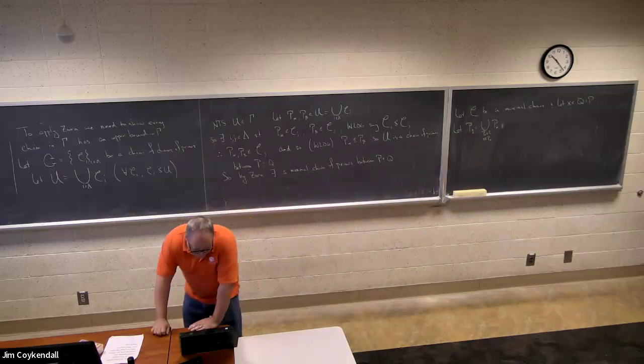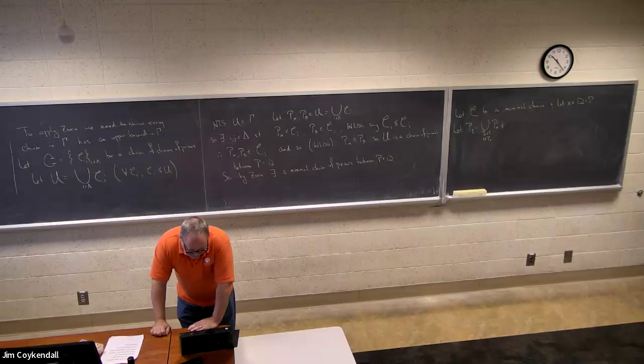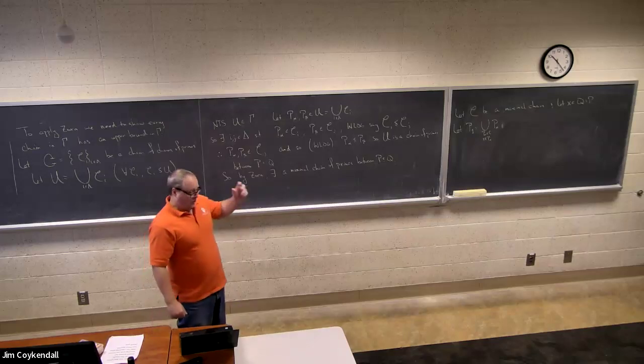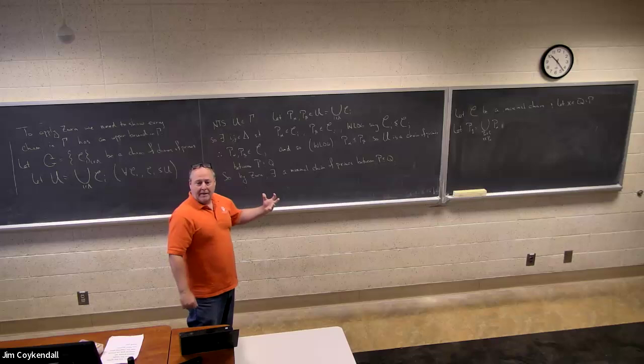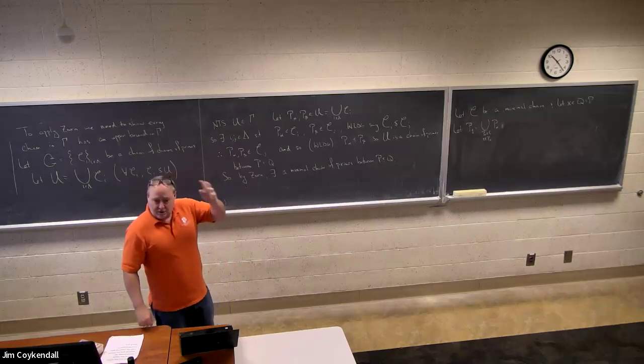So I'm going to look at everything in this big fat chain, and I'm going to select all the prime ideals that do not contain this X, and I'll let P1 be the union of this.